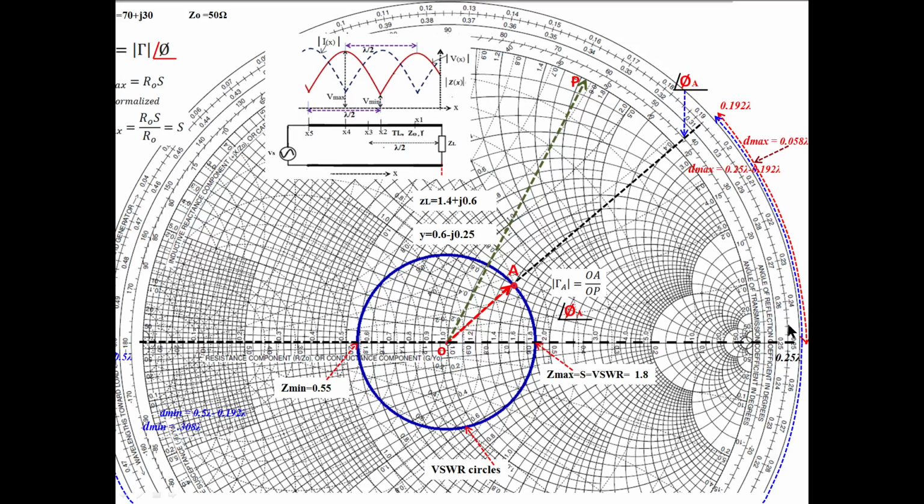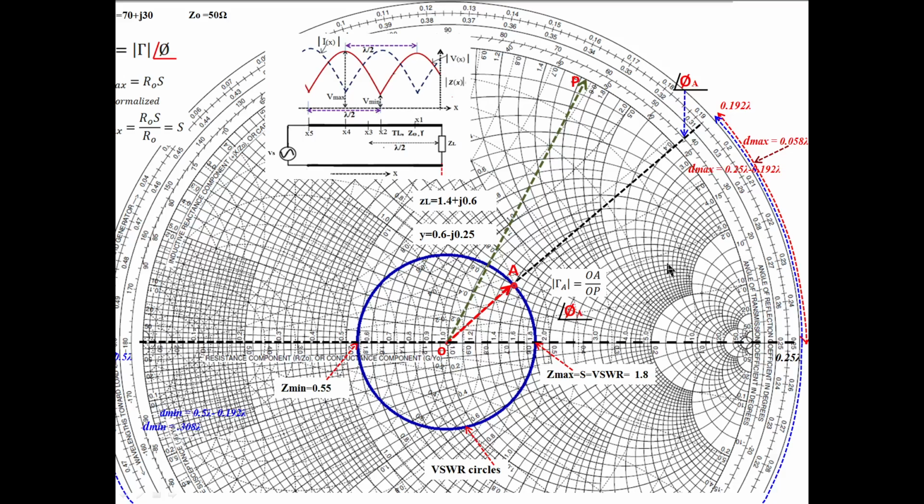But if a load value is not given, they will provide a distance: the load is at a distance of 0.058 lambda from the maxima. Can we find this load here?